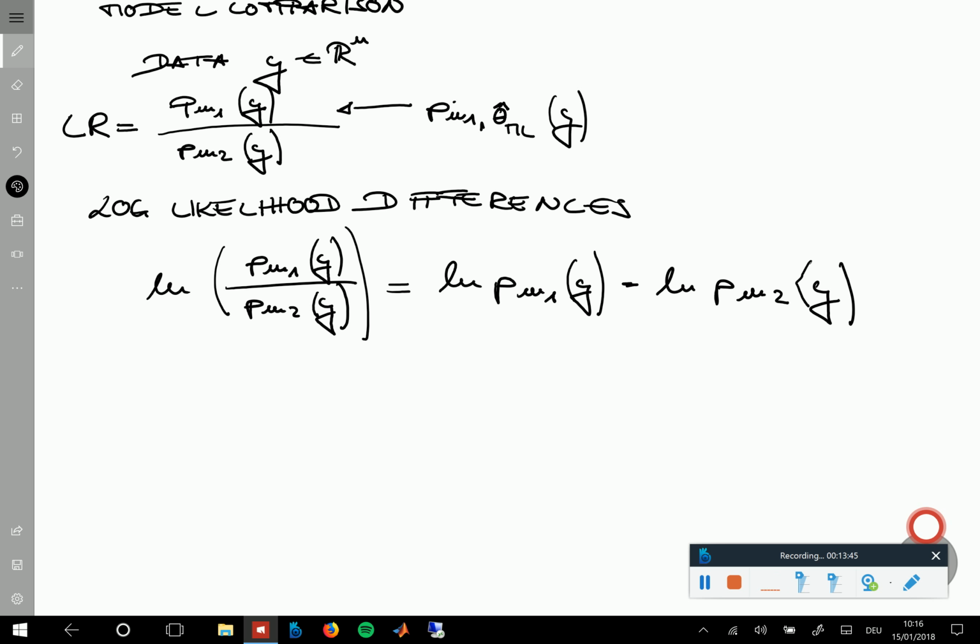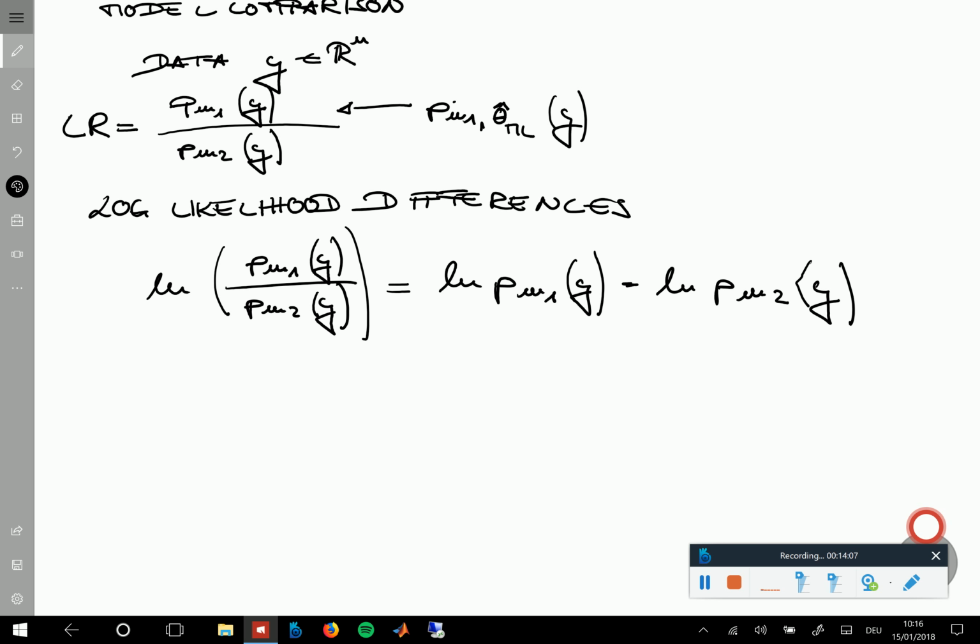So that is then a log likelihood difference criterion. That was just a log transform, nothing has happened. The idea is still that you compare two models by means of the ratio of the probability or probability density of the data under each model.